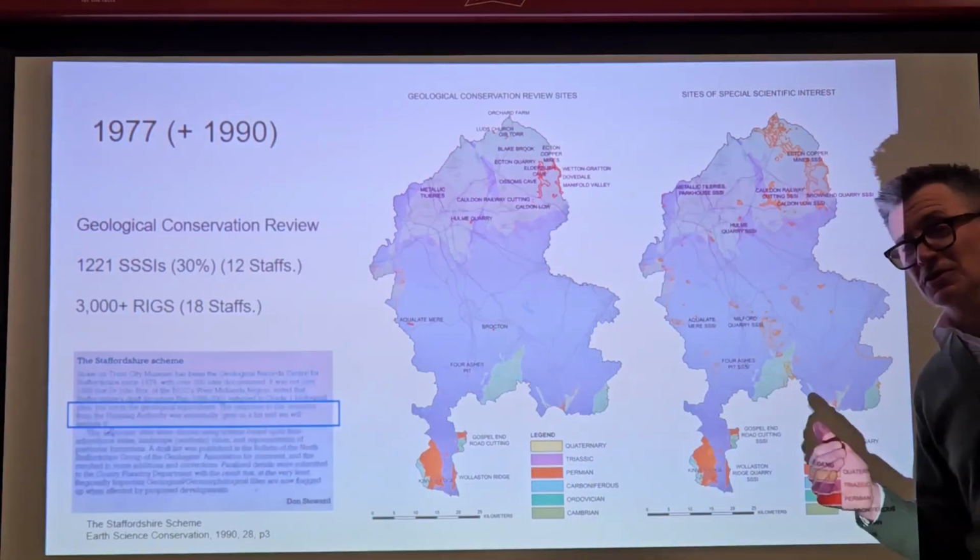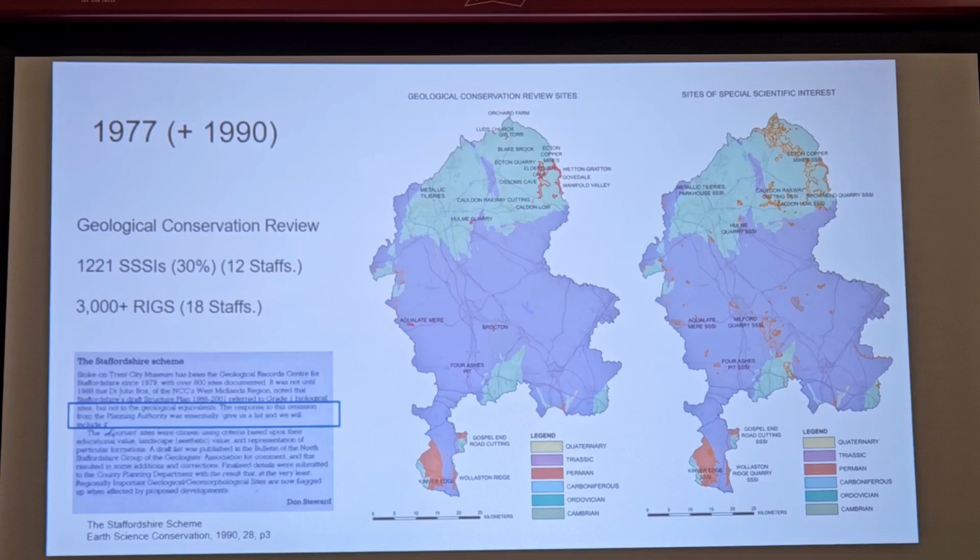And as a consequence, Staffordshire gave them a list and they included it, and we get to today where we've got a lot more than 3,000 RIGs in England, but in Staffordshire we have 18 regionally important geological sites which have their origins back in the late 80s, with the establishment of the RIG system in 1990. Very instrumental in establishing that.